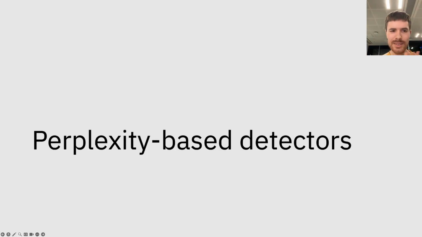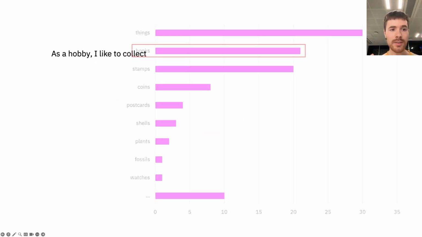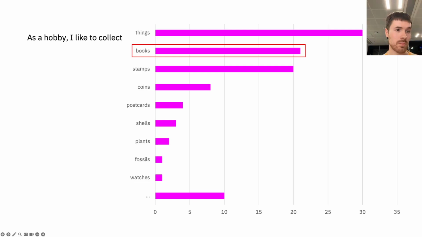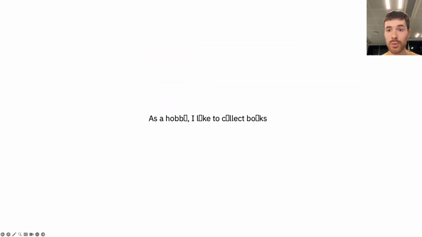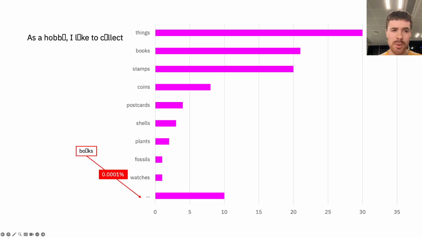So, complicated things on the classifiers, but what happens to the ones that are based on perplexity? Well, that was the phrase that we had, right? As a hobby, I like to collect books, and what we did was we just chose one of the highly likely words, right? Books was very likely, according to our model. But the problem here is that if what we have is something I don't understand as a hobby, and we go back to the probability distribution, what's the probability of something I don't understand?